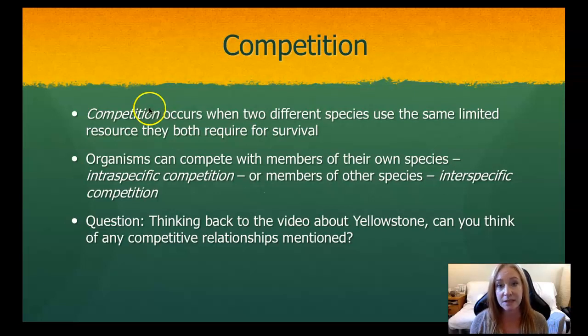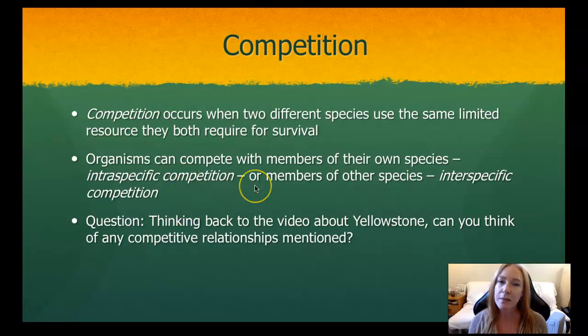Organisms can compete within their own species, like two deer competing to eat the same branches, leaves, and grass, but also between species. Deer might compete with elk or with rabbits for those same grasses and leaves. That's interspecific competition, between species. Intraspecific competition is when you're competing with other members of your own species.